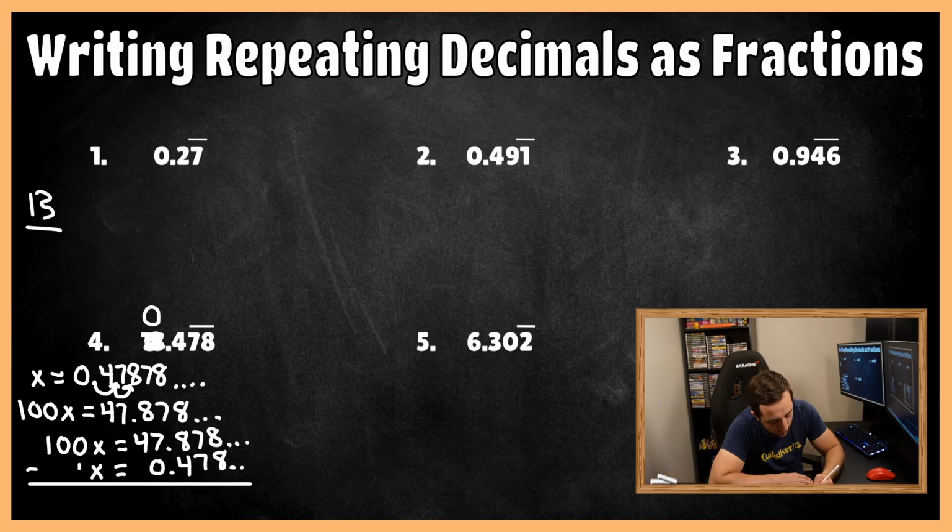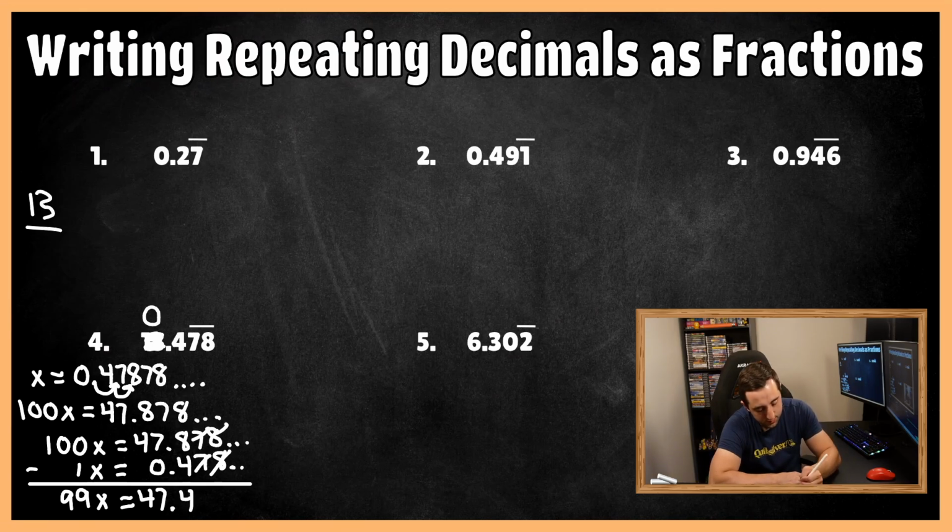We get 100 minus 1x is 99x equals, the 8's cancel, the 7's cancel, and we're left with 47.4 on the right side. So now if we just move up here, we have 99x equals 47.4. And now let's get x by itself by dividing both sides by 99.